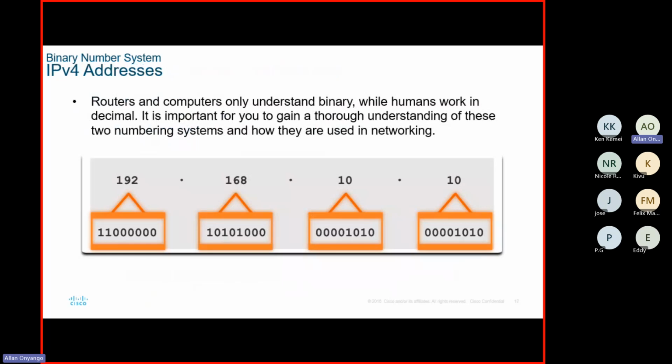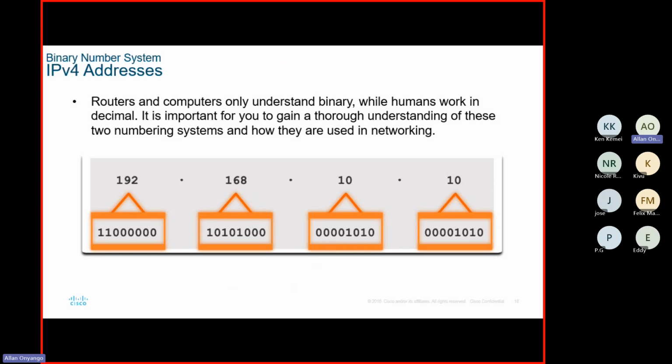Now let's look at the board. Like we said, we have been converting decimal to binary, and we've also converted binary back to decimal. Routers, computers and switches only understand binary. Humans work with decimals.